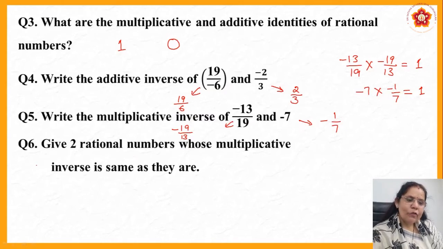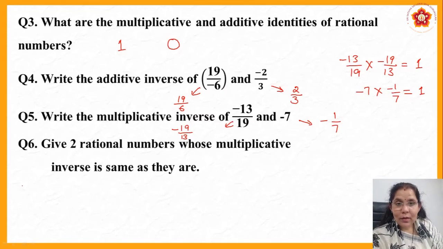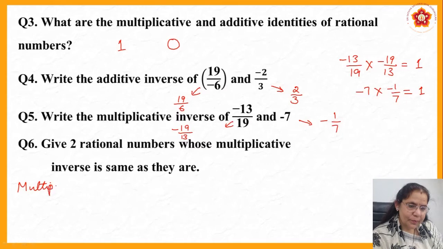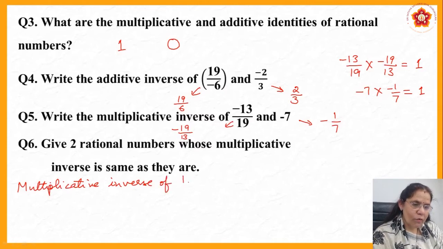Question number 6. Give two rational numbers whose multiplicative inverse is the same as they are. Just think of rational numbers whose multiplicative inverse is the same as they are. We had done it in one of the examples in the last part. What is the multiplicative inverse of 1? Yes. The multiplicative inverse of 1 is its reciprocal.